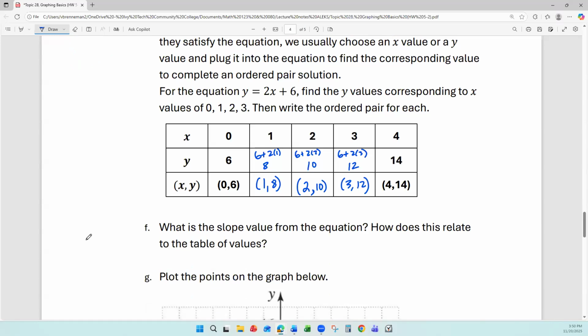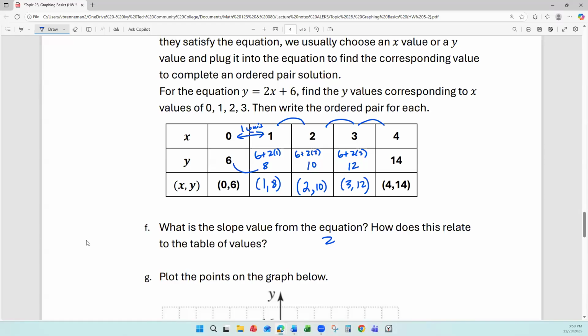The slope value from the equation is the 2. That's the number next to the x. And if we look at the table of values, remember what slope means. It's a change in y per 1 unit of x. This is counting by ones. So each column is 1 unit of x from the previous.